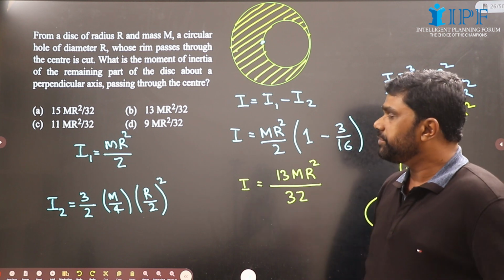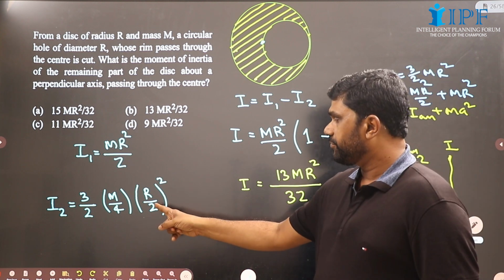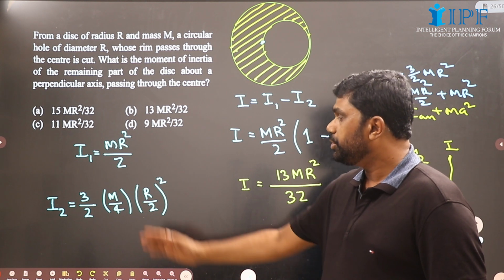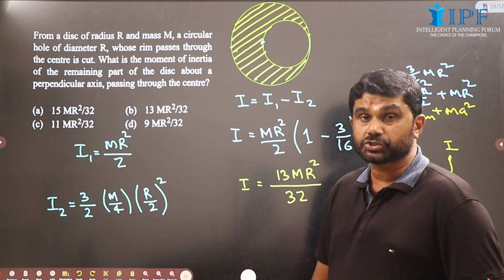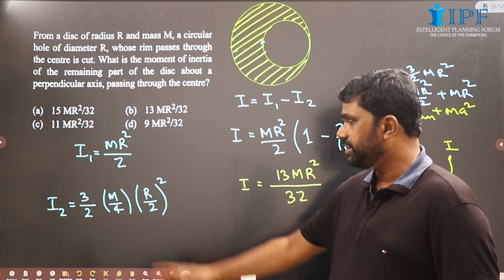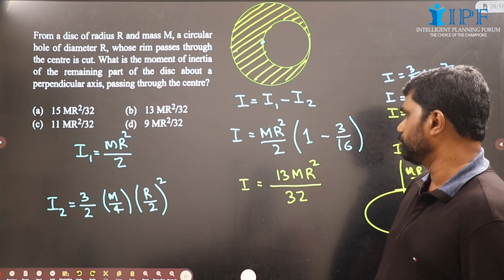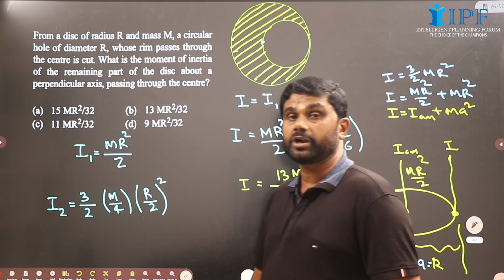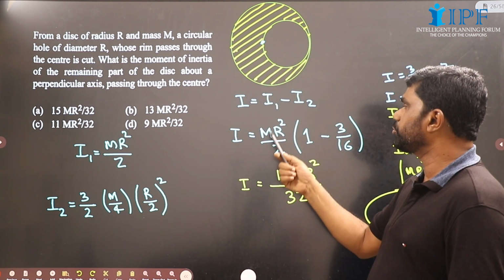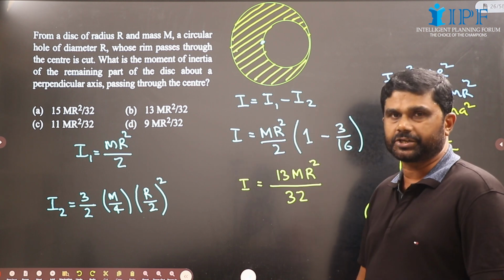Here we have (R by 2) whole squared, which is R² by 4, into M by 4, that is MR² by 16. So 3 by 2 times MR² by 16 gives 3 MR² by 32. Now we subtract: MR² by 2 minus 3 MR² by 32.